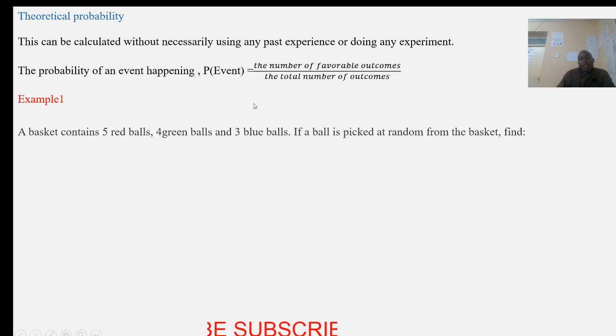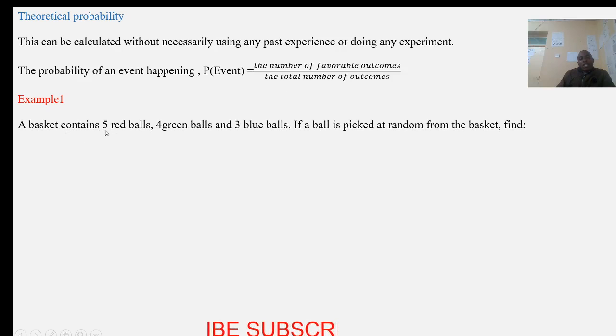And example 1: a basket contains 5 red balls, 4 green balls, and 3 blue balls. If a ball is picked at random from the basket, find A, the probability of picking a blue ball. So we know we have 5 red, 4 green, 3 blue, and a ball is picked at random from the basket.